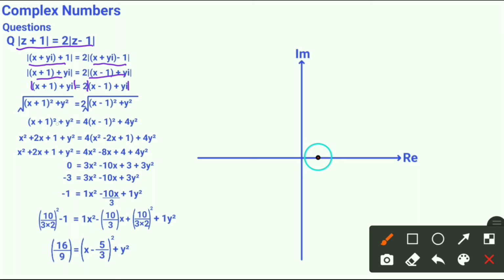Then we all know that it's going to be under root. Then we're going to square both sides, so 2 will be squared to 4, and it's going to be multiplied to 4x minus this and this, so you got this. Moving on, you try to simplify things, and you did completing the square in here. You take the 3 common, you did completing the square. After completing the square, you got the equation of a circle.